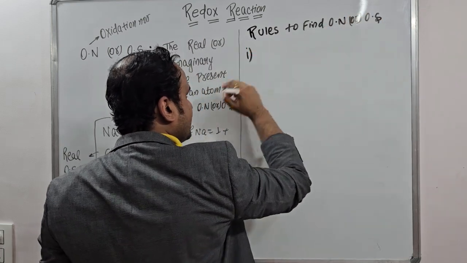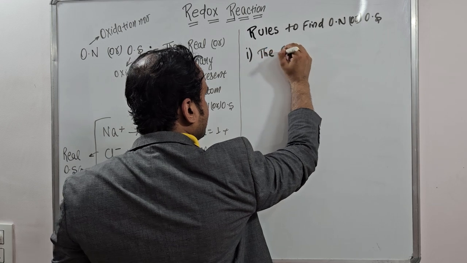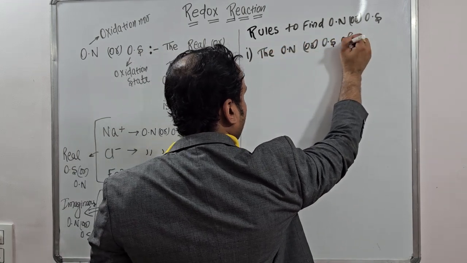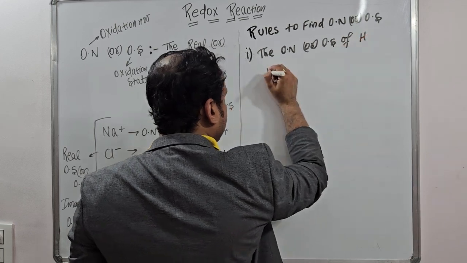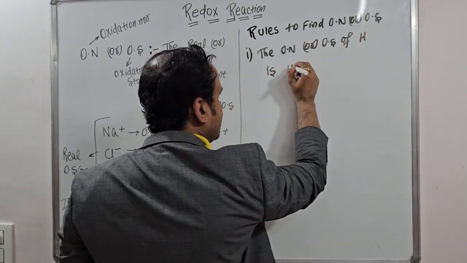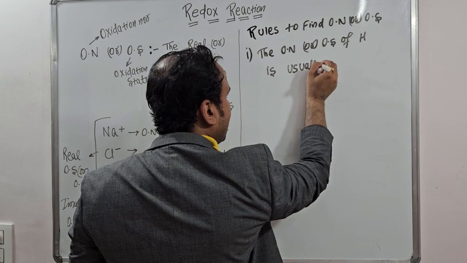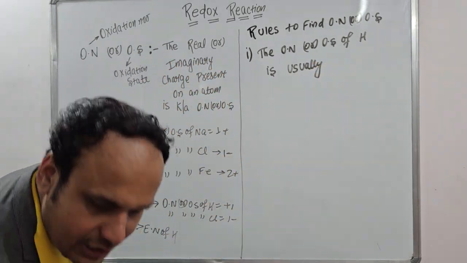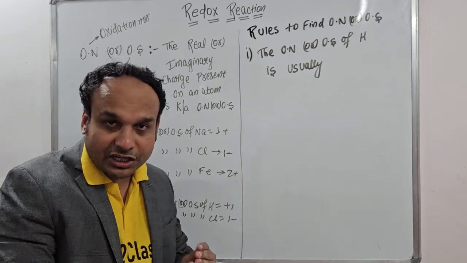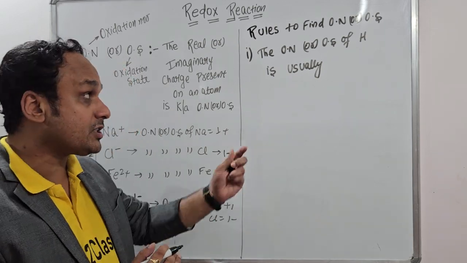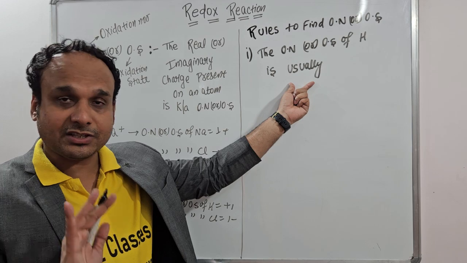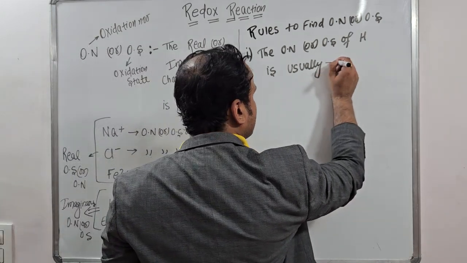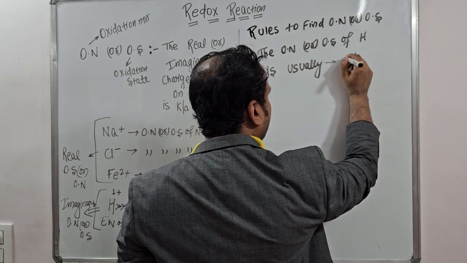The first rule says the oxidation number or oxidation state of hydrogen is usually, and whenever I write usually, it means not in 100% cases, in some cases there will be a little bit of change. Whenever I write always, it means always; usually means some exception is there. So usually you will get the oxidation state of hydrogen as +1.